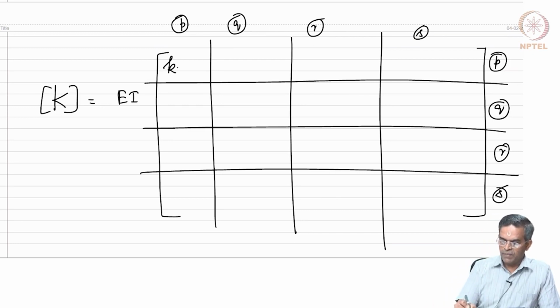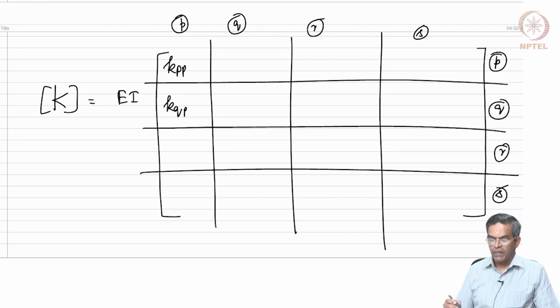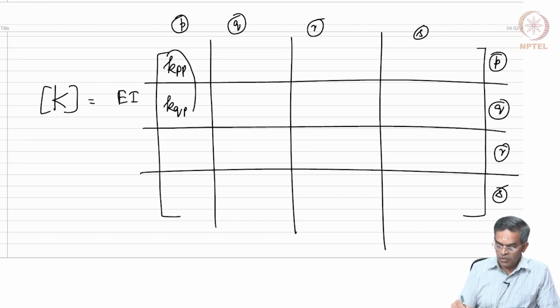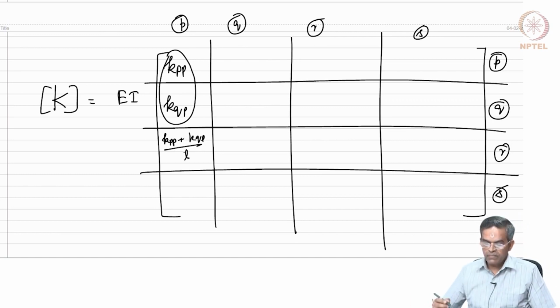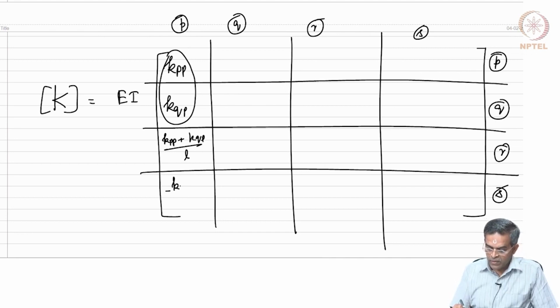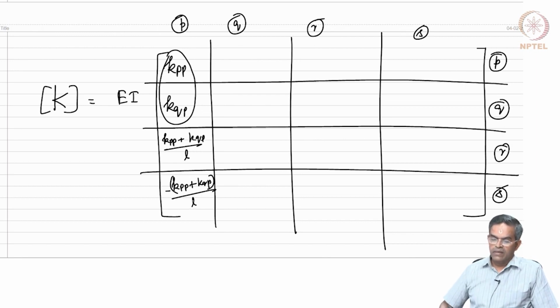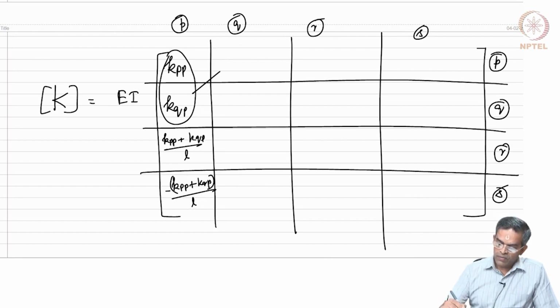and we know this is KPP, this is KQP, and this is the sum of these two. So, I should say it is KPP plus KQP by L. And the fourth one is the negative of this. The second column is just the cross of this.